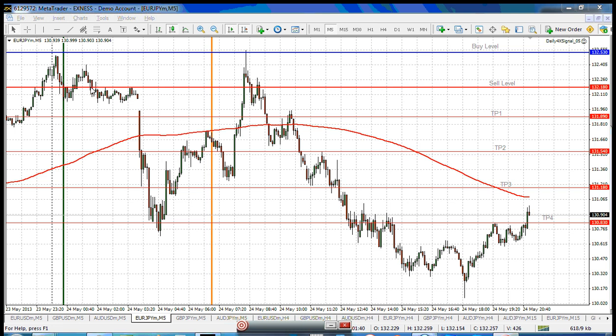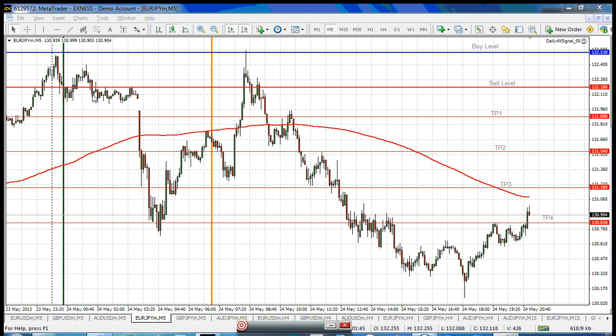The only thing that we have to do right now is keep on monitoring the charts and managing the trade using price action to see whether it goes in favor of us or against us. If it goes against us, we will be stopped out right here. We have a stop loss in place. But if it goes in favor of us, we have a chance of making TP4 or a good amount of profit.